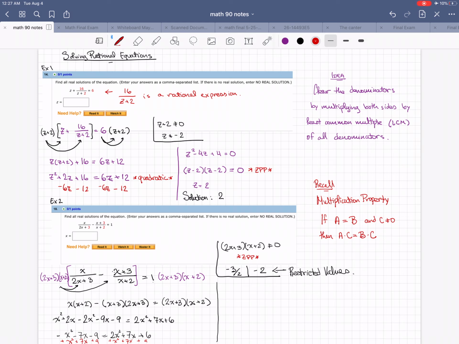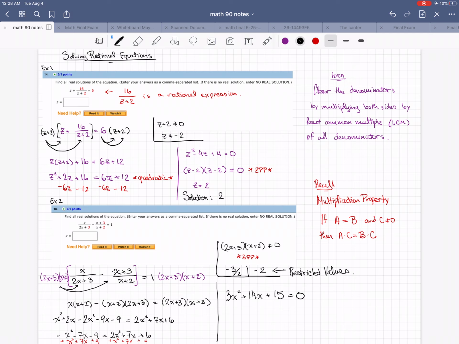Okay, so I have 3x squared plus 14x plus 15 is equal to 0. Okay? So again, this is a quadratic equation.